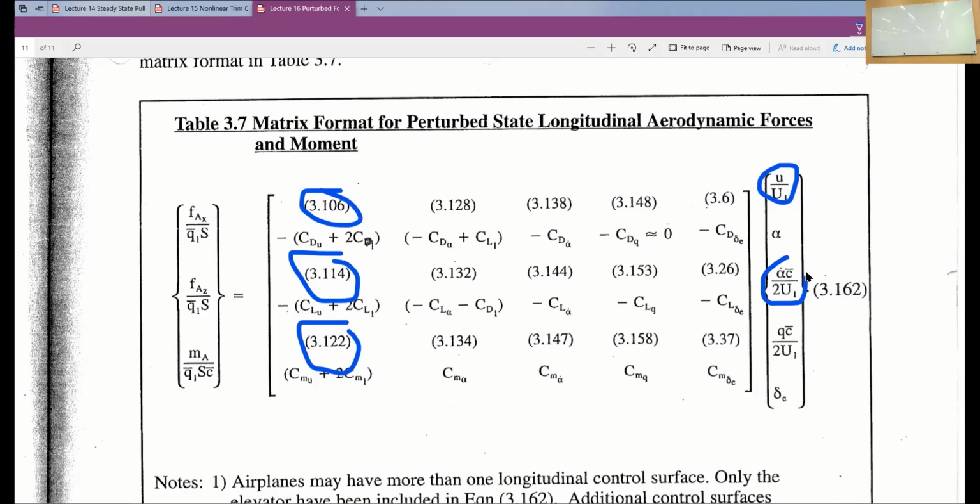That's the lag in the downwash. And then this is the effect of a pitch rate. And again, we're talking about these are small perturbations on a steady state flight. And then the elevator one will be super easy because we just say it, essentially. Here's CD delta E, CL delta E, CM delta E. So we'll do this, and then I think we'll be out of time today, which is good because this is tedious, and this takes a little bit of time to figure out these.